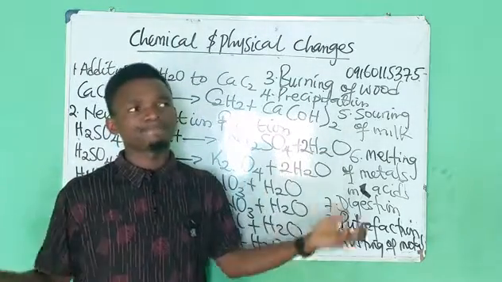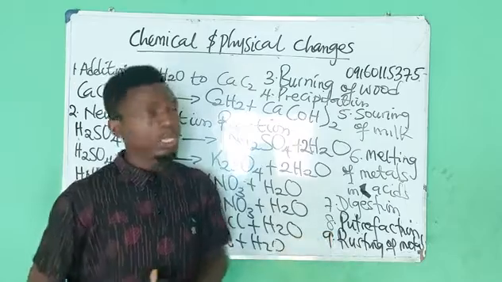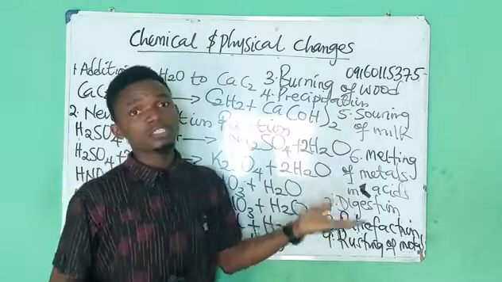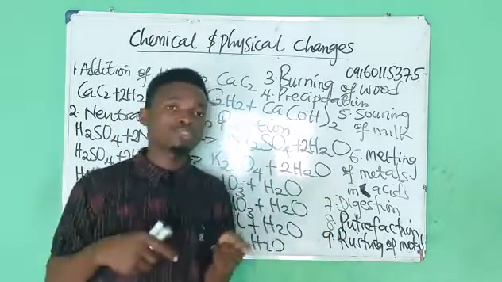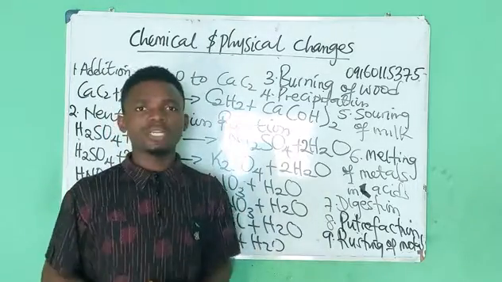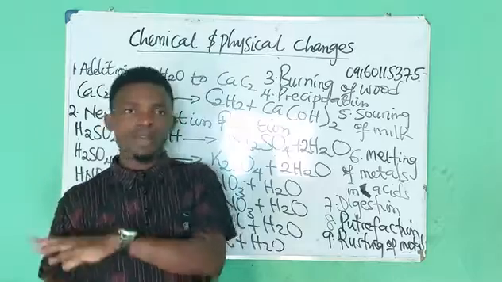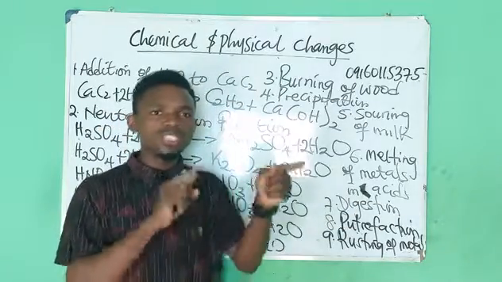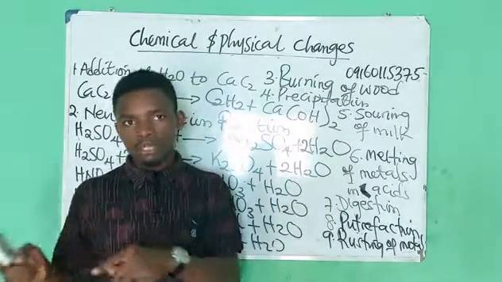What about sublimation? It is the process whereby a solid changes to gas without passing through the intermediate liquid stage. It can also be reversed from gas back to solid through desublimation or deposition.